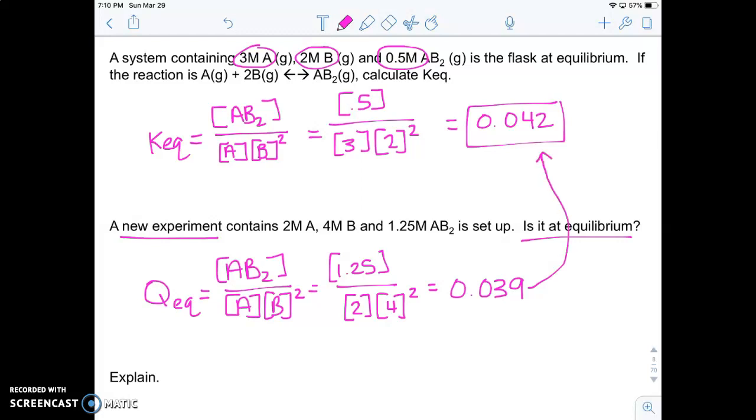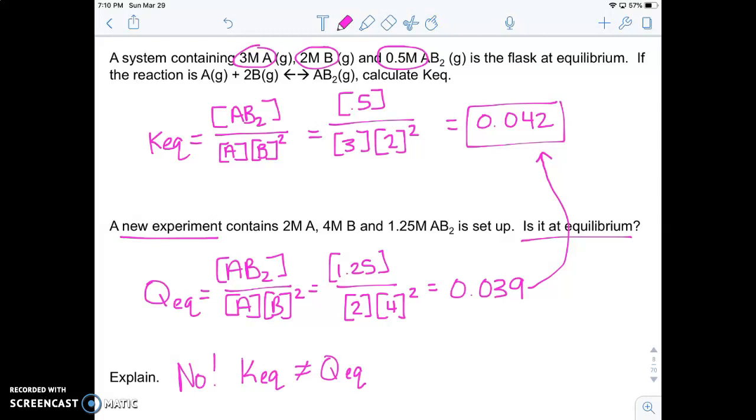If it was at equilibrium, the ratio of products to reactants would have to be the same as in the KEQ. So is 0.042 equal to 0.039? No. So this reaction is not in equilibrium, and your explanation is literally because the KEQ and the QEQ are not equal to each other.